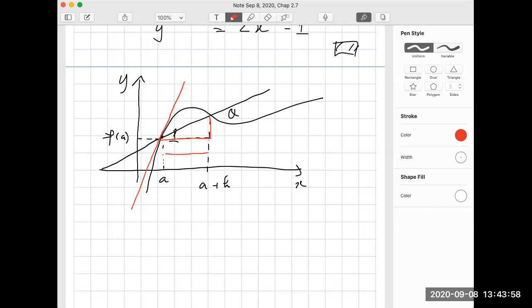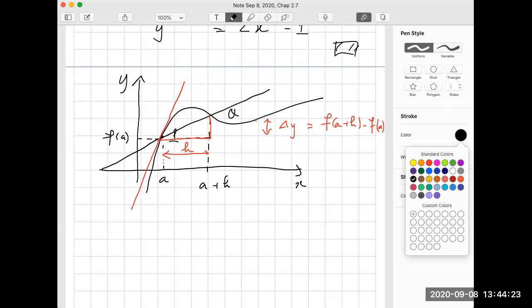So this distance is h, and the change in y is f of a plus h minus f of a. Just a different way to say it.